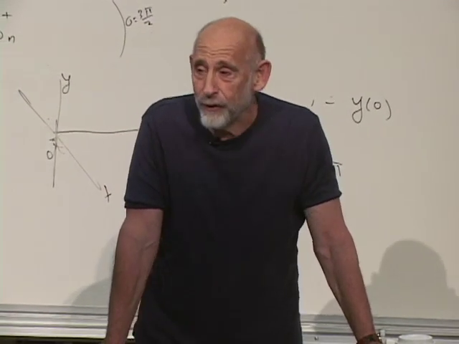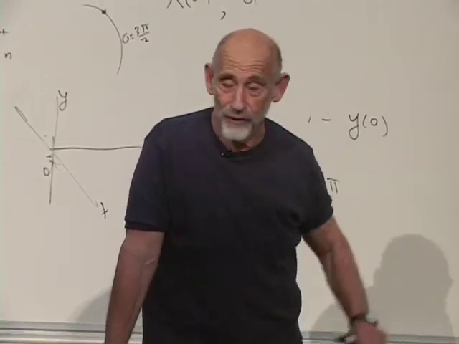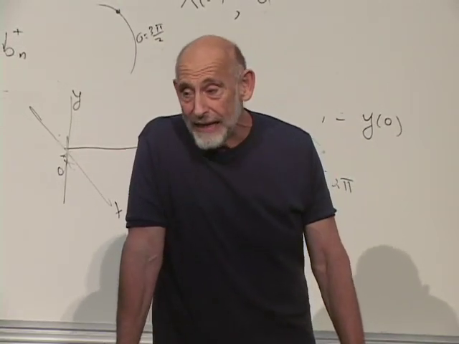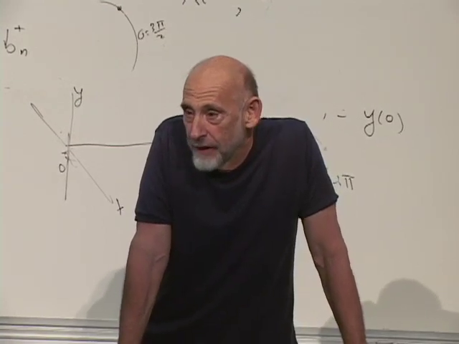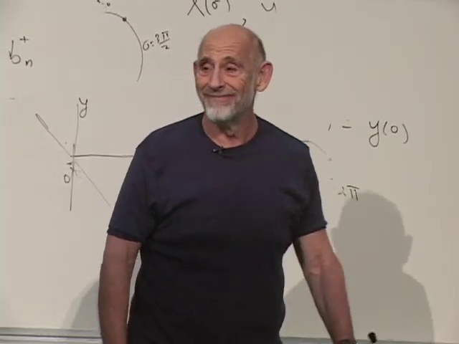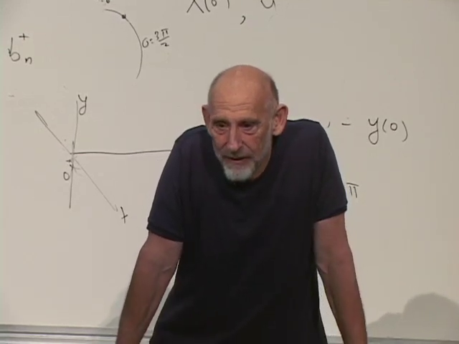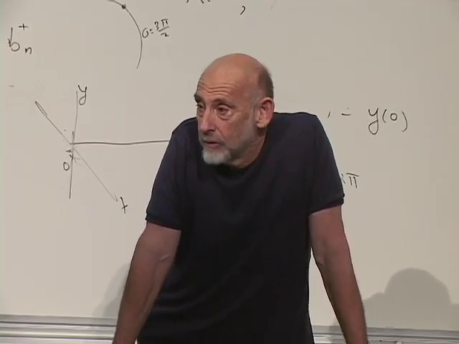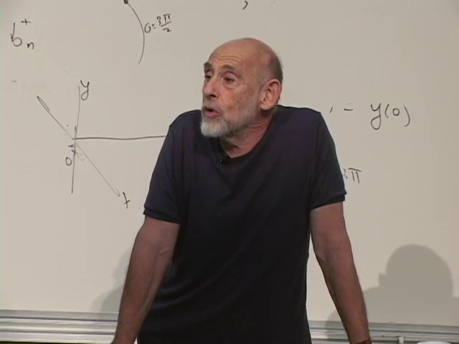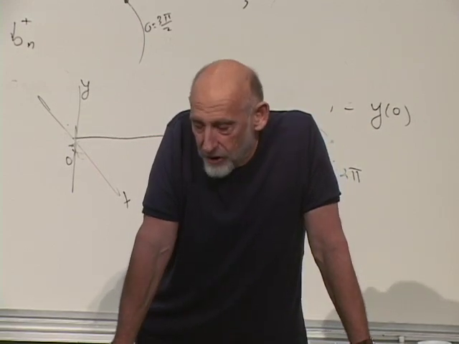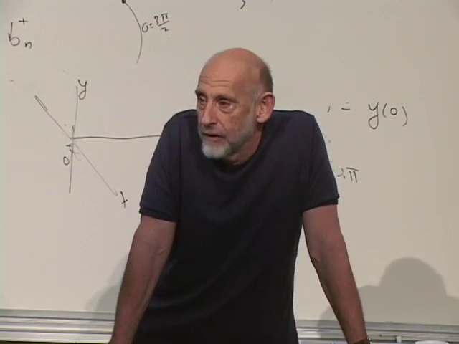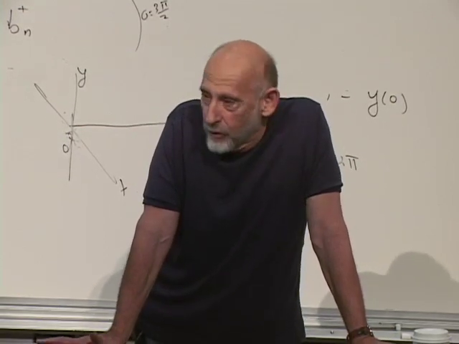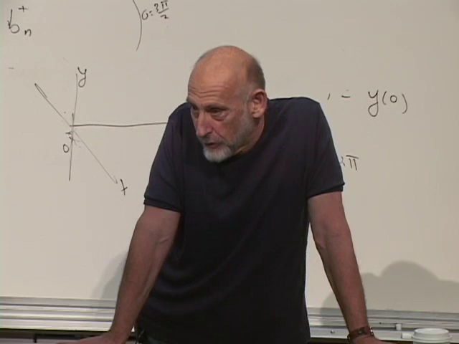We have two candidates for the spin 0. But we don't have any candidate whatever for the spin 1 and minus 1. Could this be a spin 2 particle? Forget that we're calling it a graviton. Let's just ask, could it be a spin 2 particle?